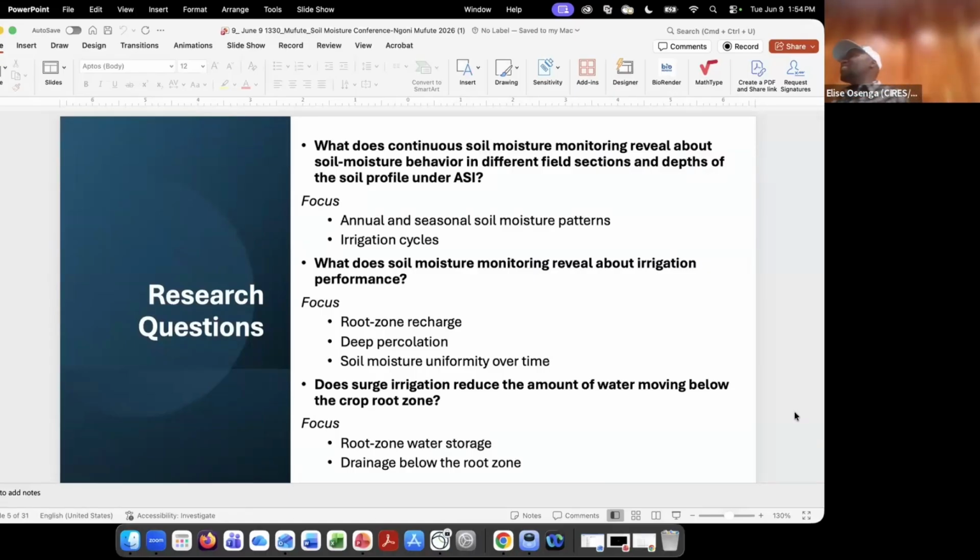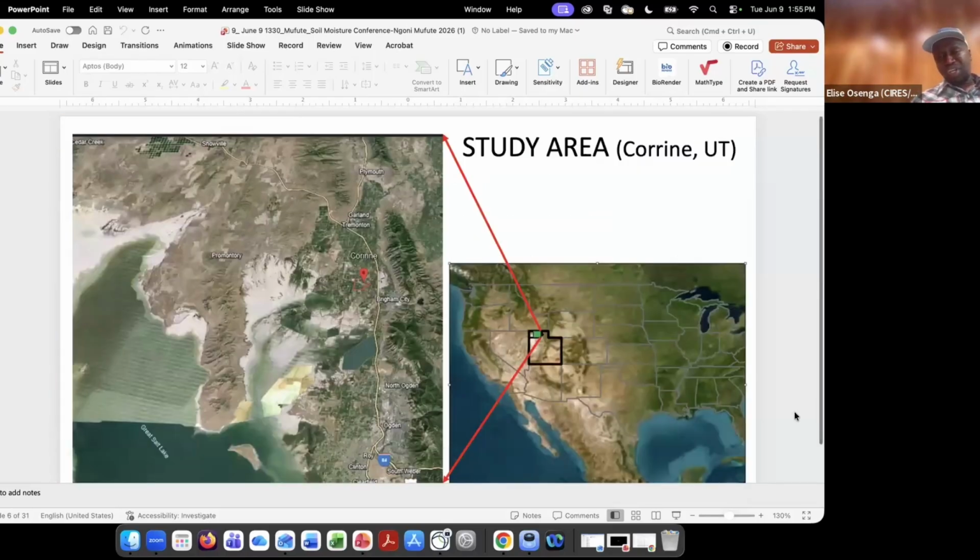Also, how does soil moisture monitoring tell us how the irrigation is performing in our field? And the other question was, does surge irrigation really reduce the deep percolation losses associated with surface irrigation? Those were the three key questions that we wanted to answer.